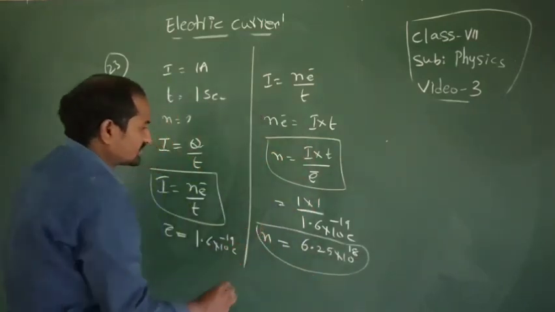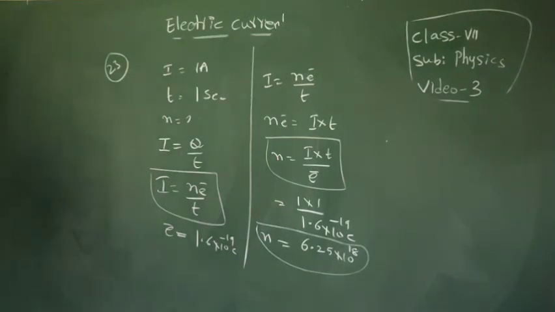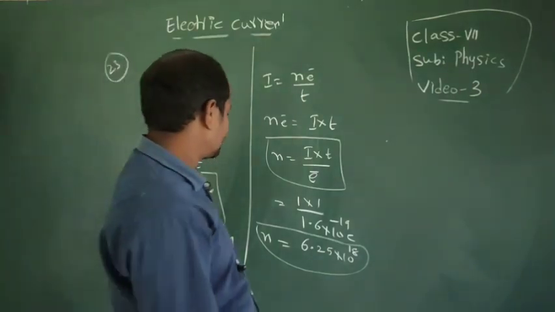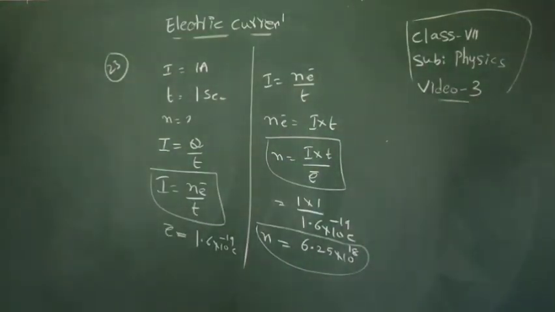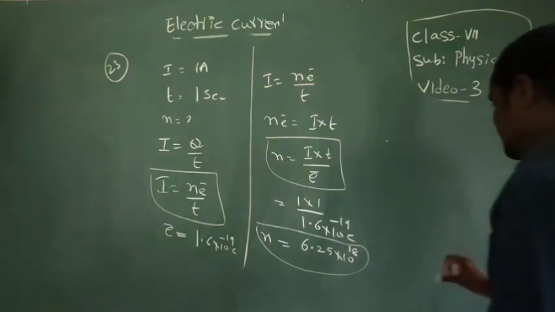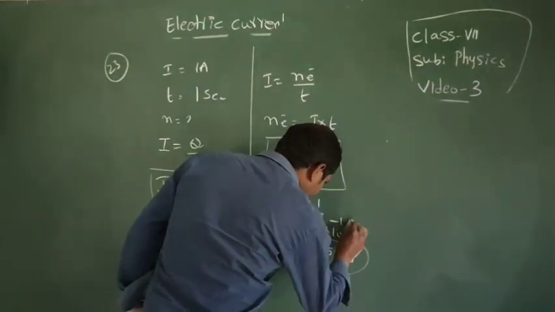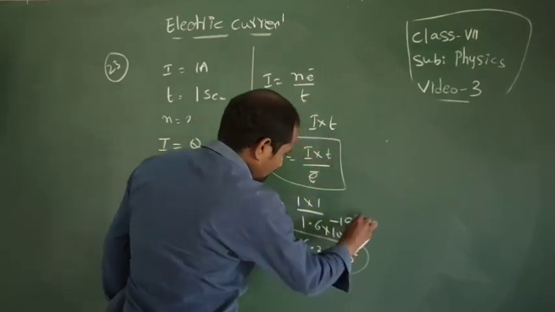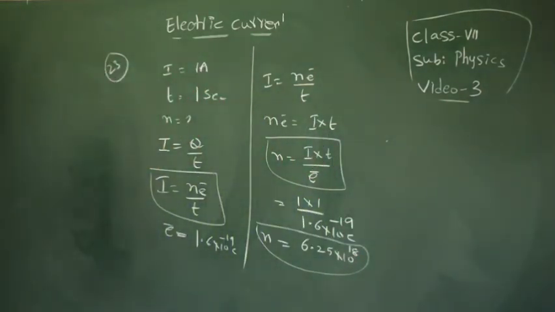So number of electrons equal to how much? 6.25 into 10 power 18. This is the 23rd solution.